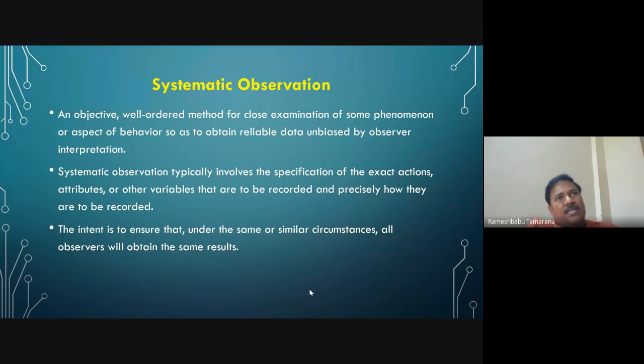So the intent in systematic observation is that under the same or similar circumstances, all observers will obtain the same results.